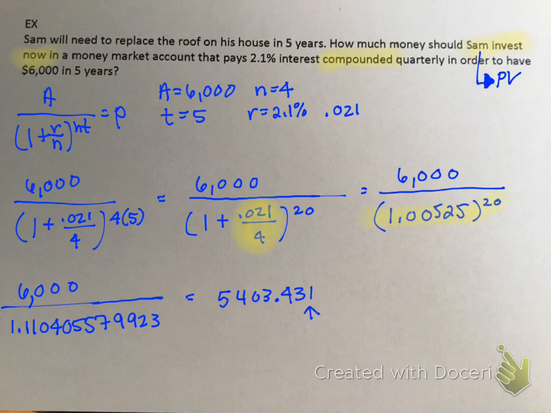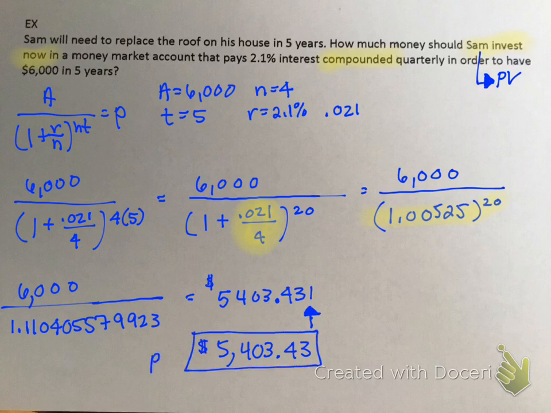Once again, I'm including 3 decimal places because I want to make sure I round to the hundredth spot, since we're talking about money. I see that value is a 1, so I just leave the hundredths place alone. So the answer is going to be $5,403.43. That's how much money Sam will need now to replace his roof in 5 years.